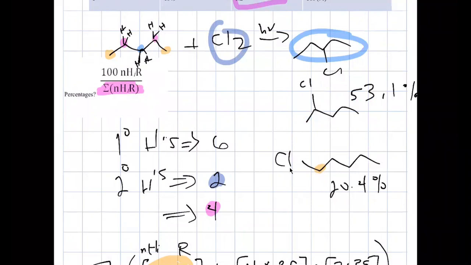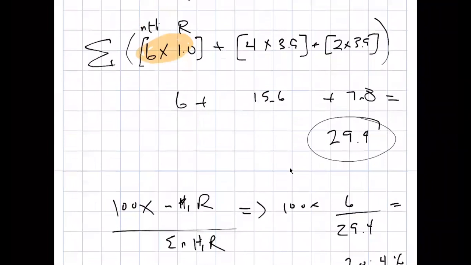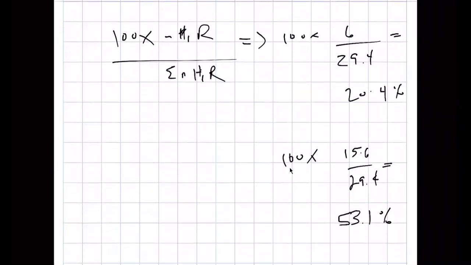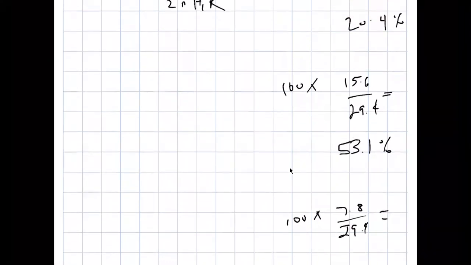All right. Now, what about the last one? What is that going to be? 7.8. Yeah, the answer is 26.5. Okay, good. So 100 times 7.8 over 29.4. What did you say? 26.5.